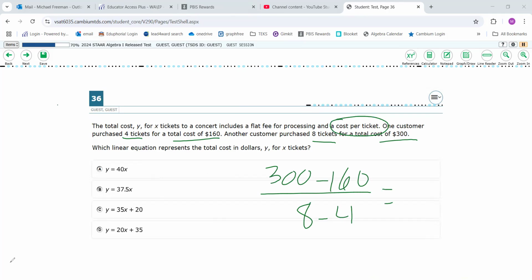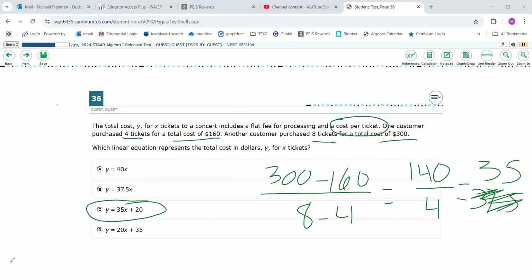Well, 300 minus 160 is 140, and 8 minus 4 is 4. 140 divided by 4 is, not 37.5, sorry, it's 35. So that means it's 35x plus 20.